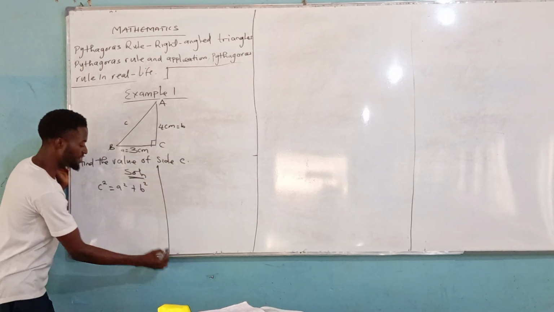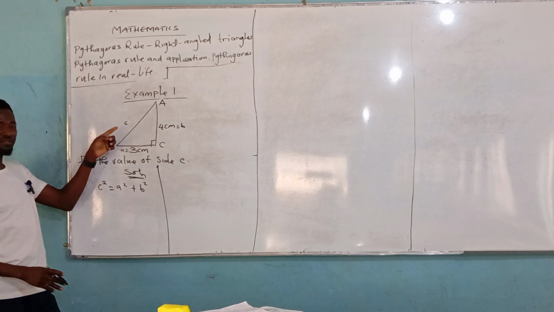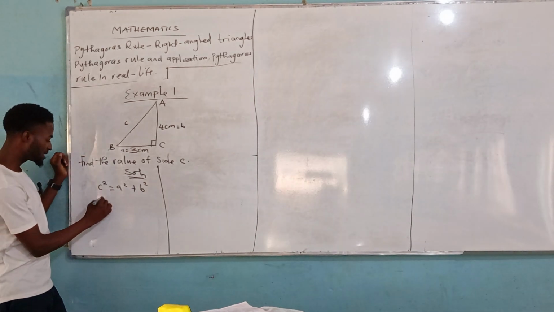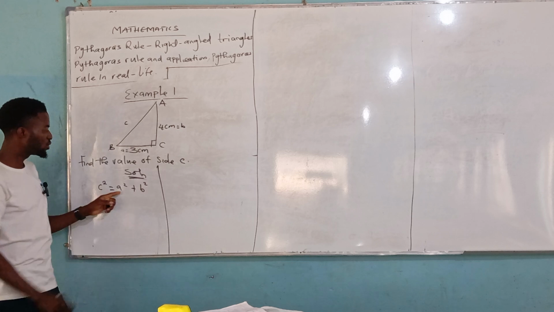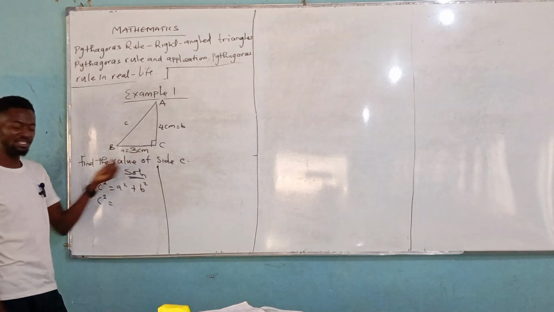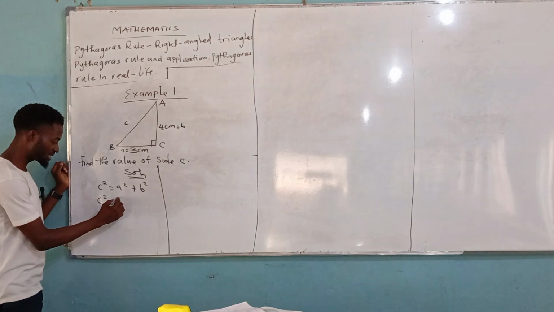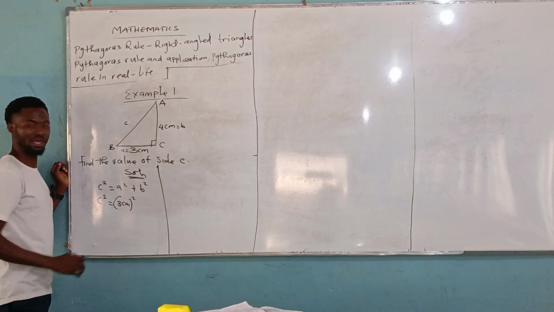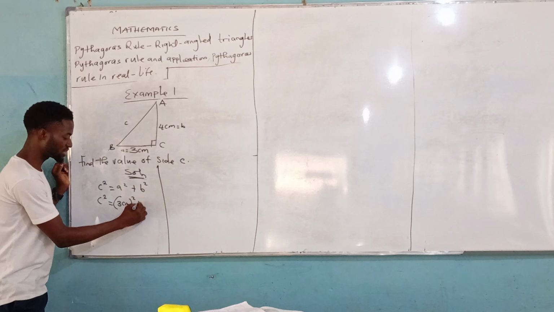C is the side we want to find. So we have c square is equal to, what's our value of a? Our value of a is 3 centimeter. So we put it in a bracket: 3 centimeter square. Then this plus, we'll still write it here.